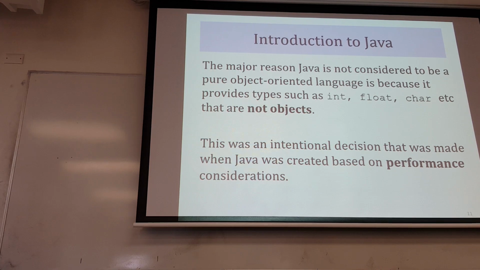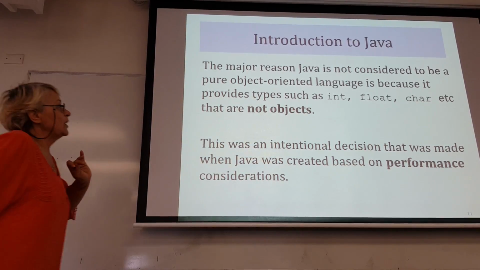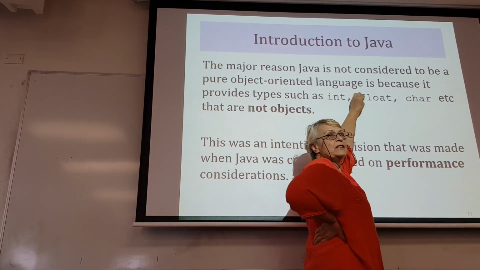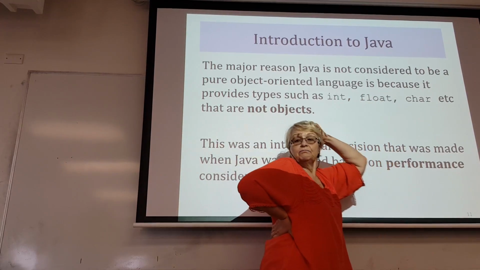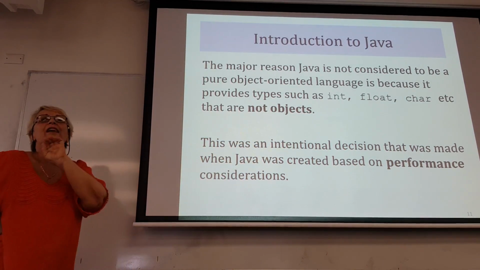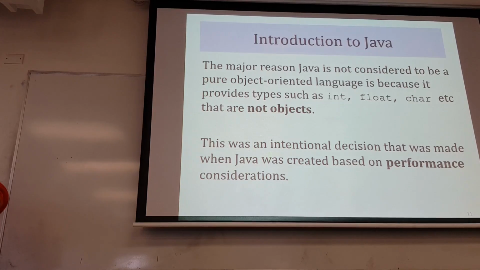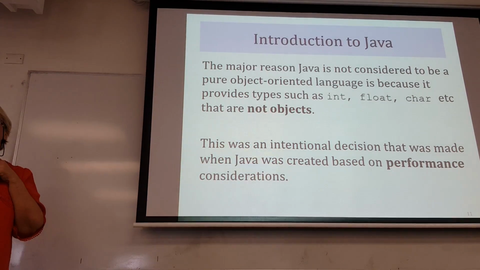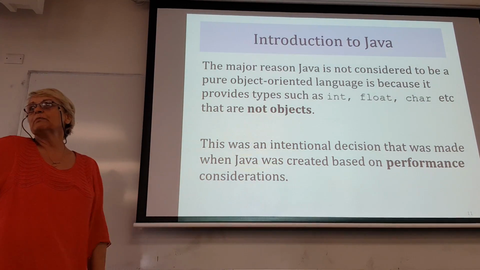People say it's still not a pure object-oriented programming because there are things which are outside. Simple types, int, float, double values, Boolean values, they are not defined with classes. And the reason was efficiency, performance.